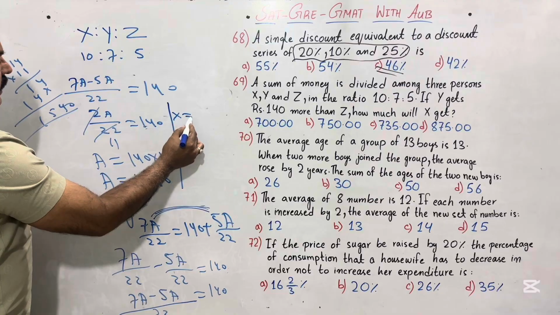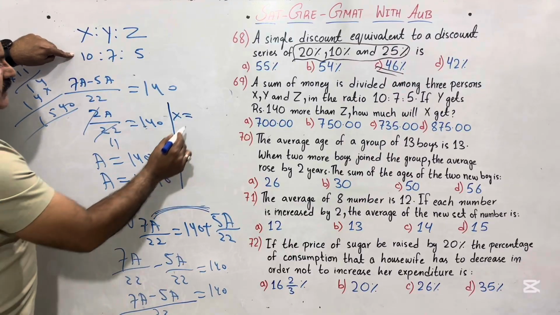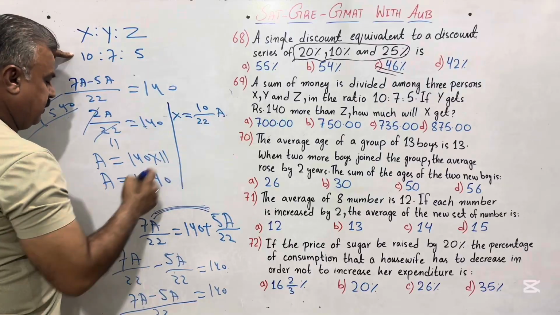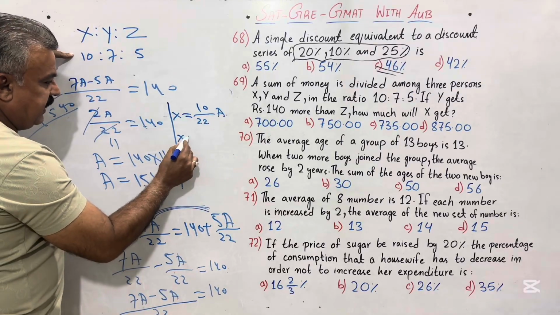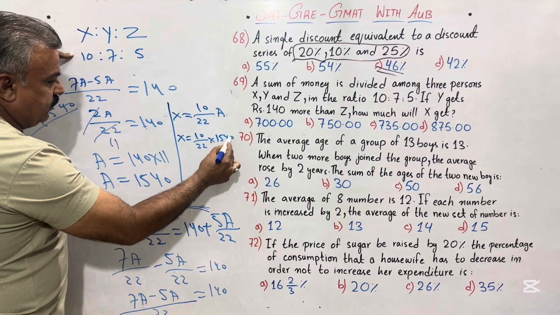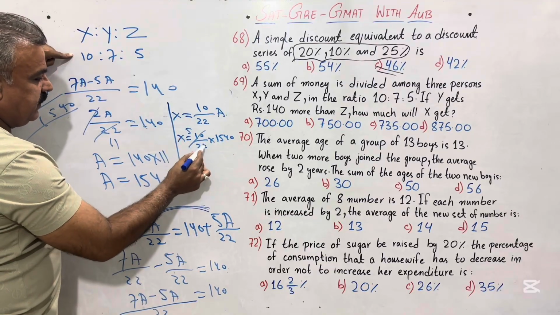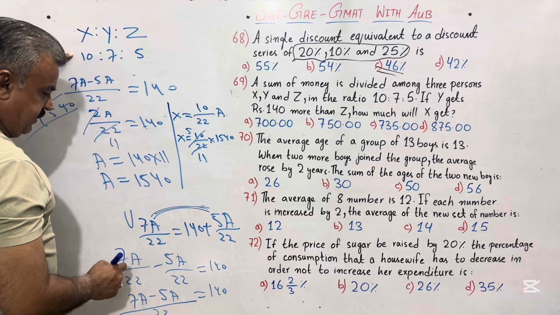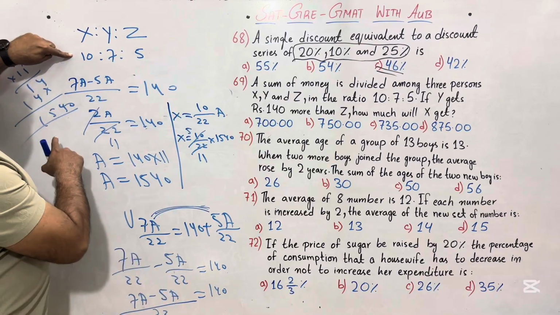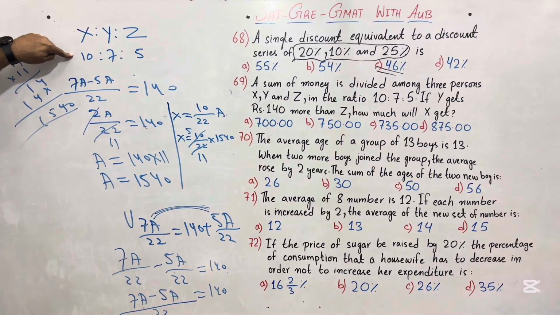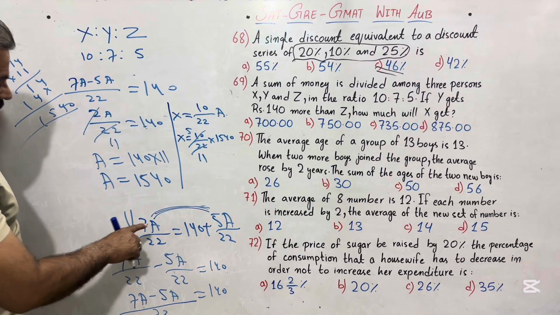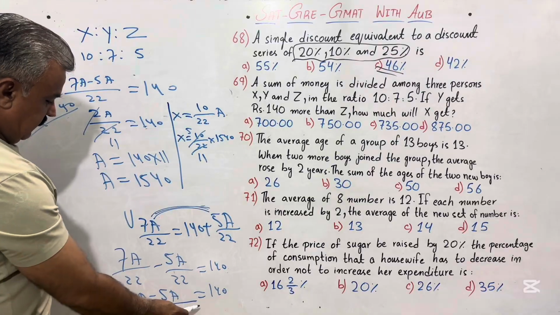X's corresponding ratio is 10, and the sum of ratios is 22, multiplied by the total amount. Now we have X is equal to 10 over 22 times 1540.